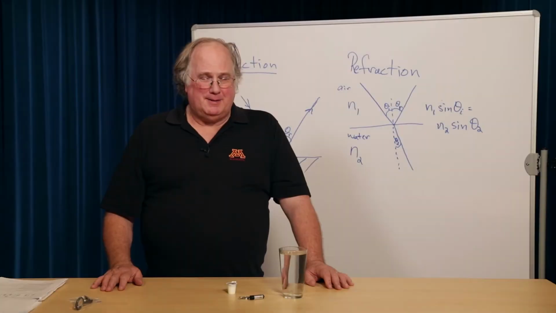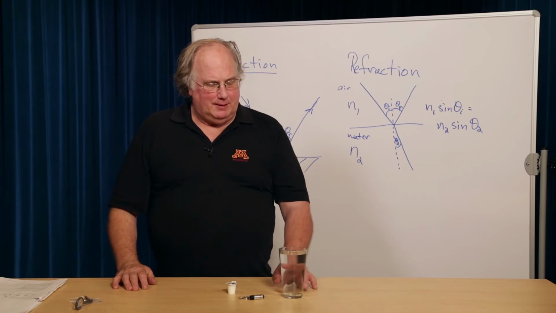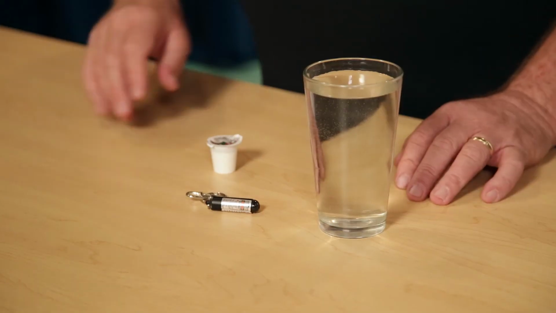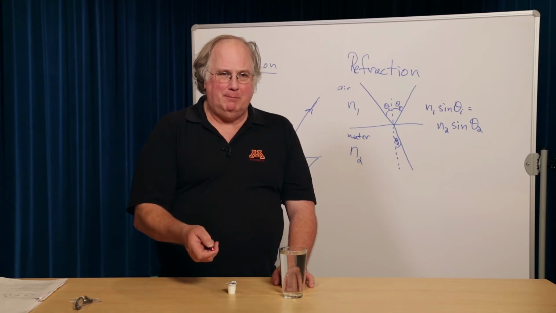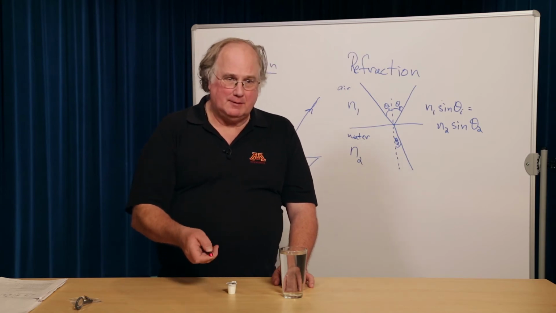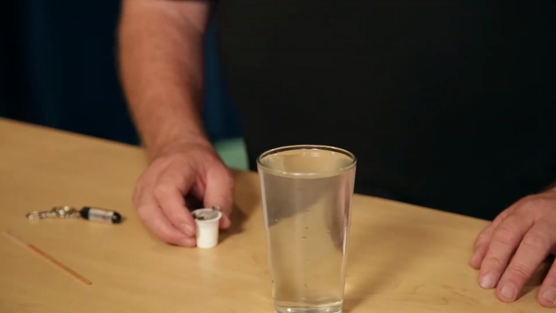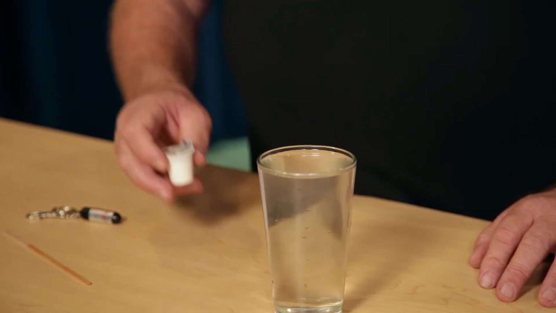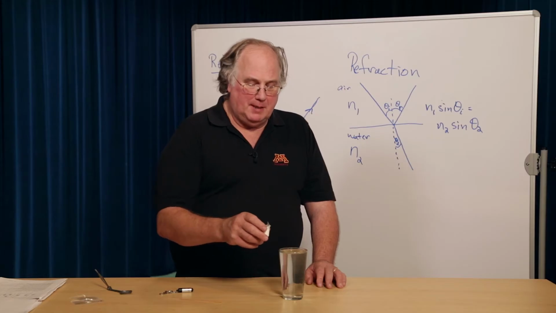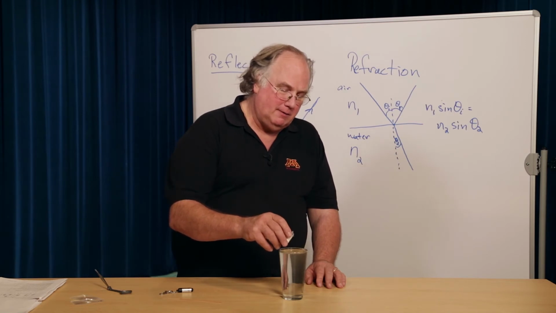All right, now it's time to actually do some experimenting. What I have here is a glass of water, and I have a laser that I got from Office Depot. It's just a cheap little laser pointer. To make this more visible, we're going to add some cream. This is just basic half and half added to a glass of water, and stir it up.